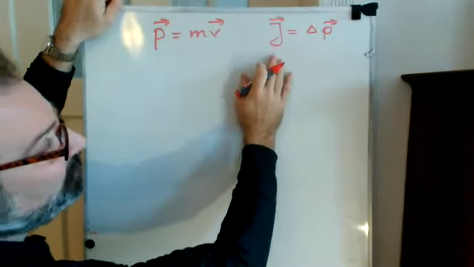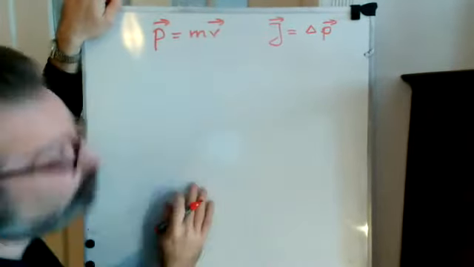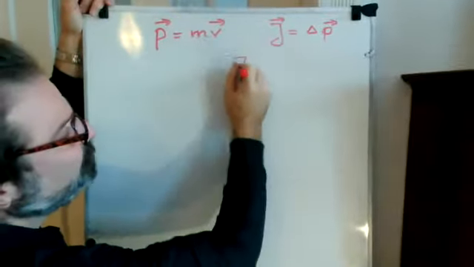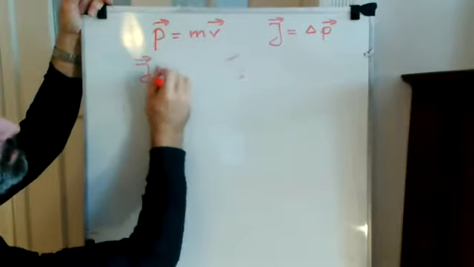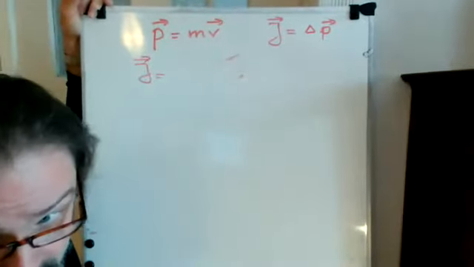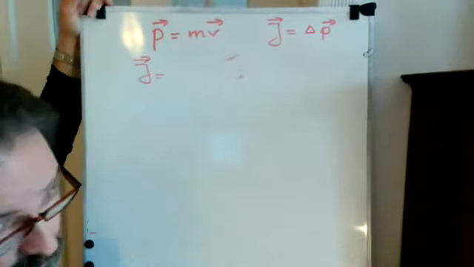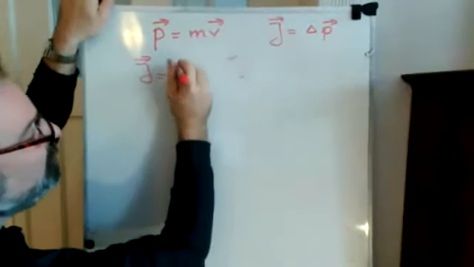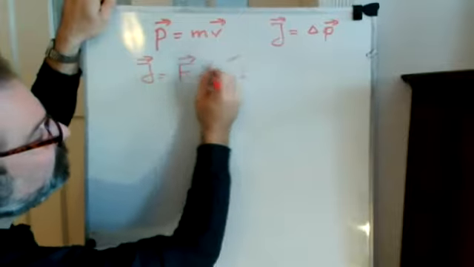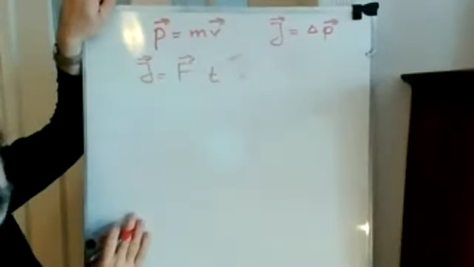We also introduced the idea of impulse for a constant force. Similar to work, where for a constant force, work is just force times distance, here it's simply F times how long you apply the force.